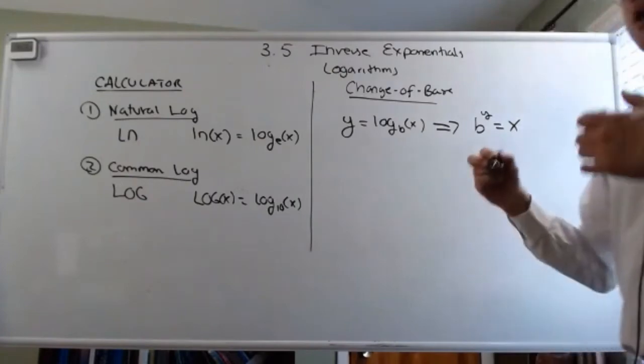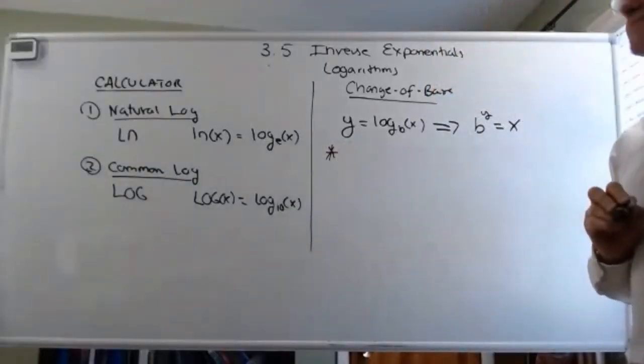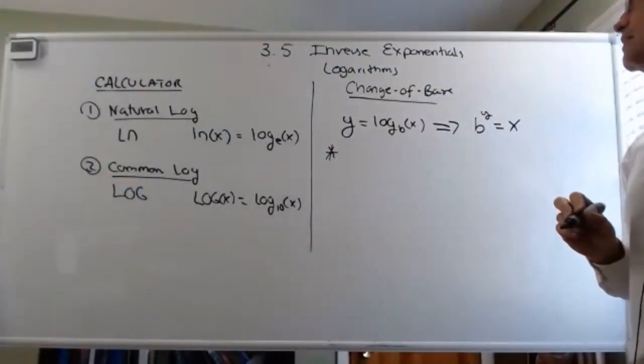We're going to use one of the properties of logarithms that we have not developed yet. So this is a caveat: I'm going to prove this with something that you don't know just yet. It's the easiest way to do it at this level.